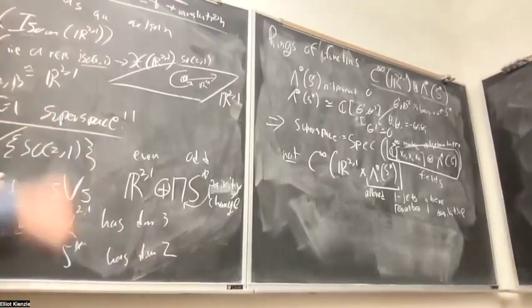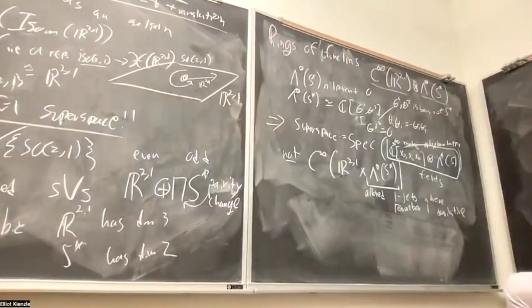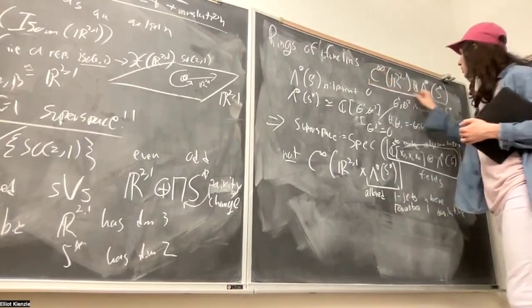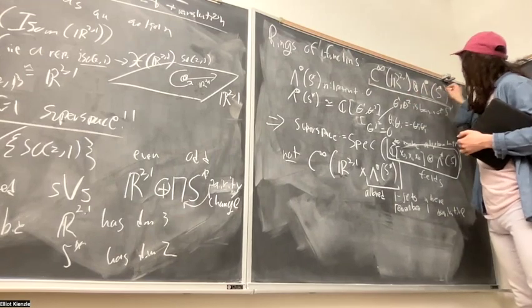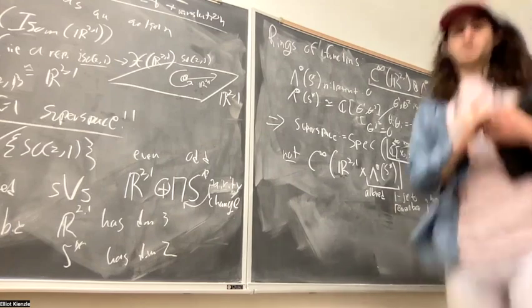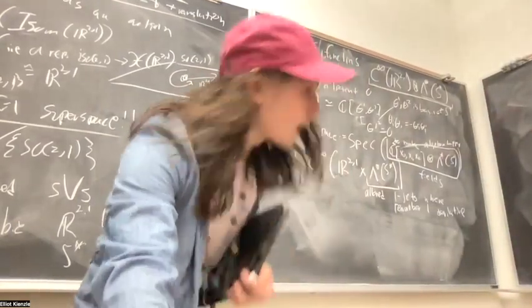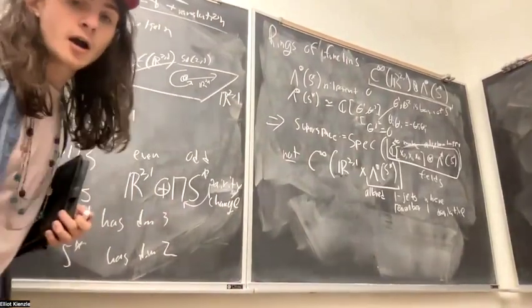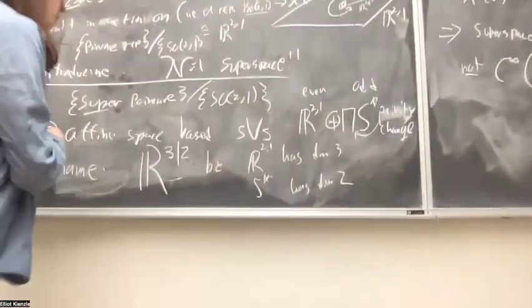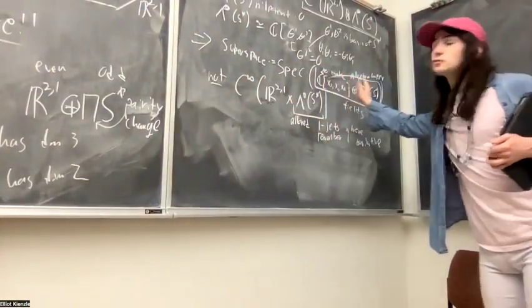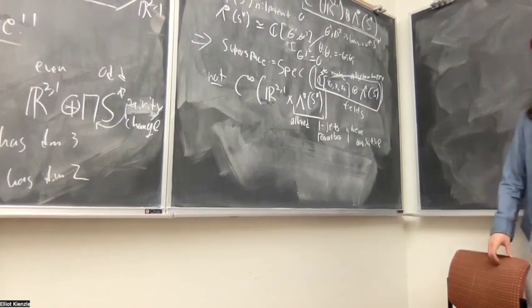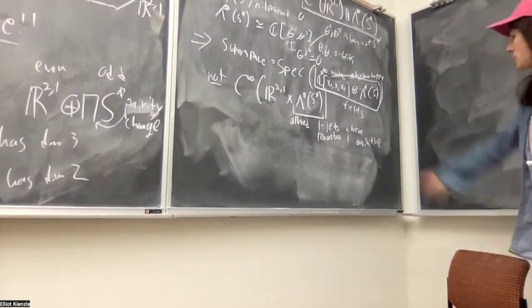And the question is, what space does the super Poincaré algebra act on? And the answer is superspace. Basically, a space with the ring of functions that looks like smooth functions on R^3, tensored with the exterior algebra of your odd part, your spinor bundle. So we have basically defined our superspace here, our R^{3|2}. We've defined that to be the spec of this ring, and it's a non-commutative ring, but you can get it to work, says Eric. So this is where we're at.